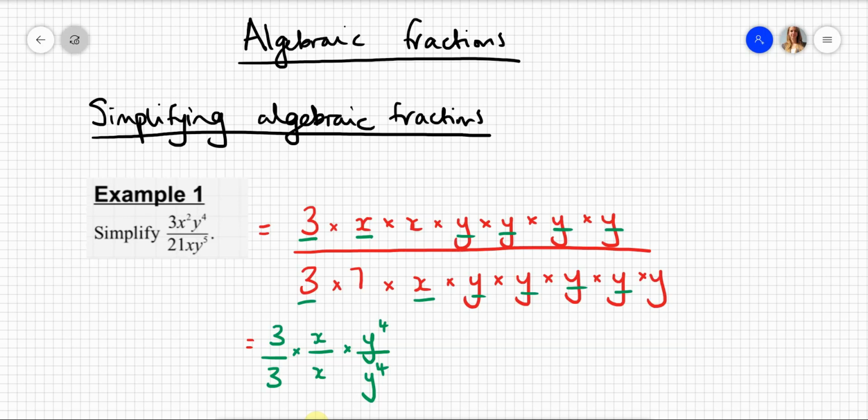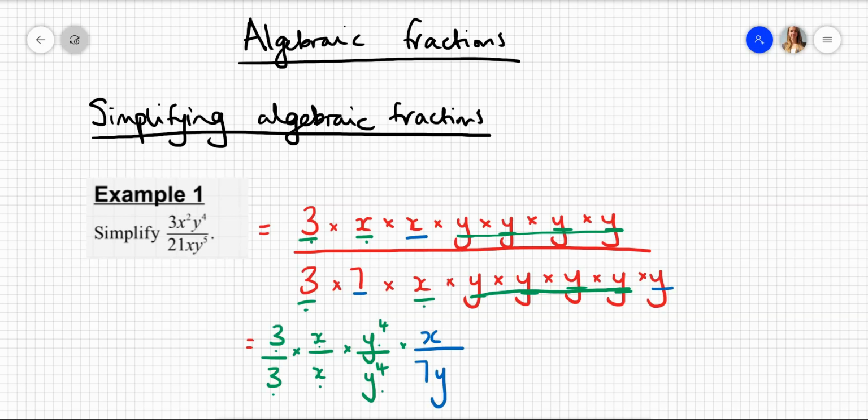So if we do 3 times x times y to the 4, we will end up with 3 times x times y to the 4, and then we've got this additional x on the top here that doesn't pair up with anything at the bottom. Same for the denominators, we've got 3, x and y to the 4. So then in the denominator we're left with 7y.